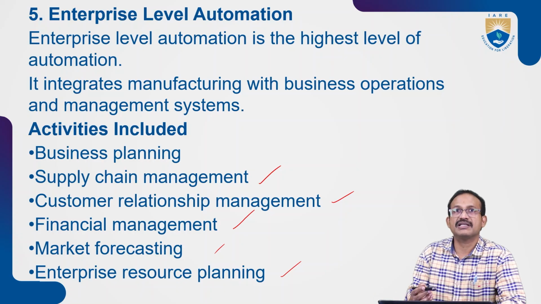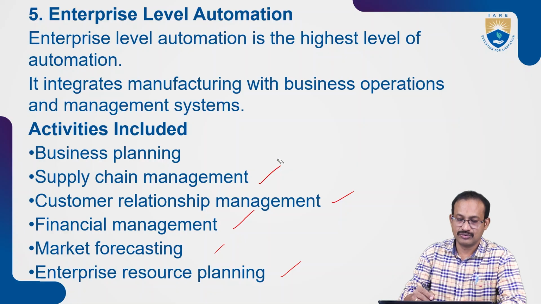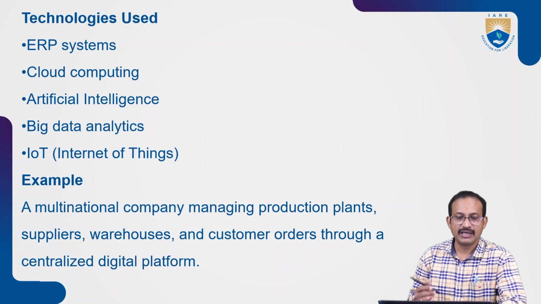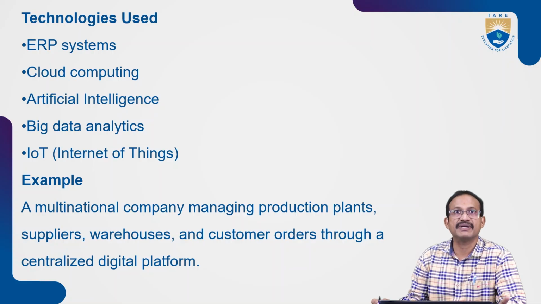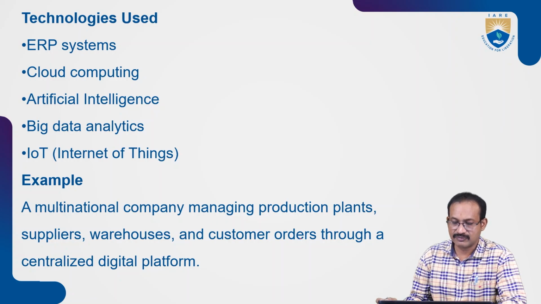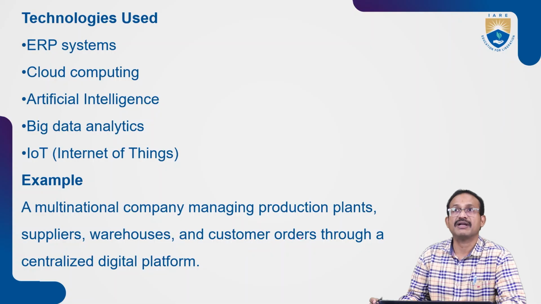Enterprise level means within the plant and business, supply chain management, everything within the plant and outside the plant. So this is the greatest automation. Technologies: ERP systems, cloud computing, artificial intelligence, big data analytics, Internet of Things. Example: a multinational company managing production plants, suppliers, warehouses, and customer orders through a centralized digital platform.